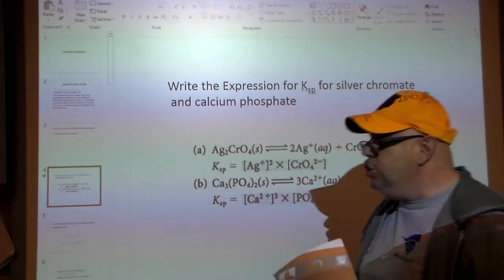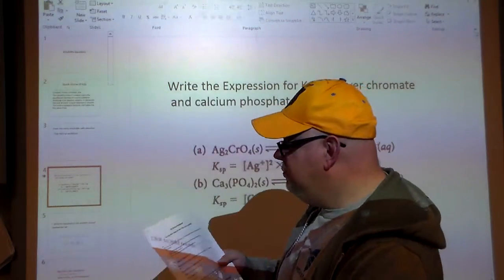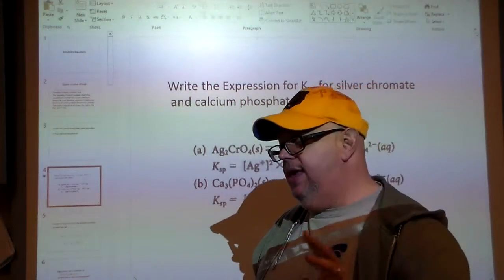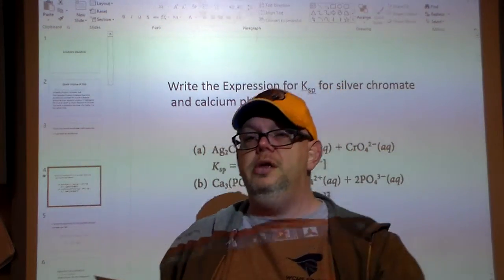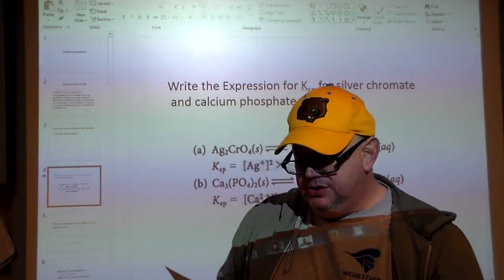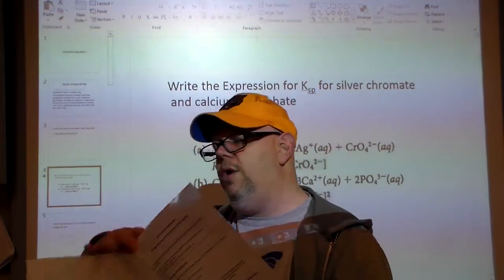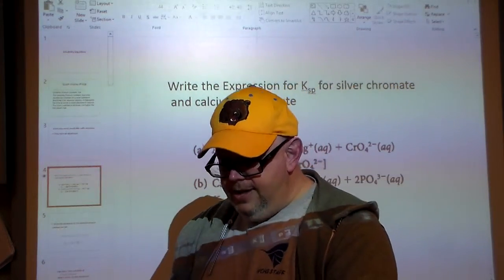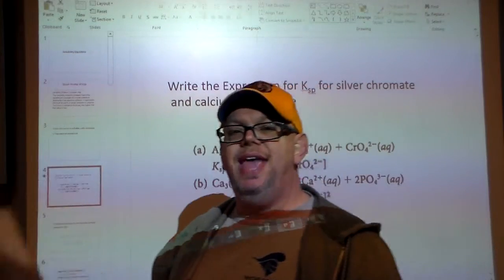Now, you guys are getting a problem set that deals with Ksp. I'm really touching on three main things. We're going to look at solving for Ksp when you have the molar solubility, getting the Ksp from the grams per 100 milliliter solubility, and then looking at the Ksp when they give you the pH.